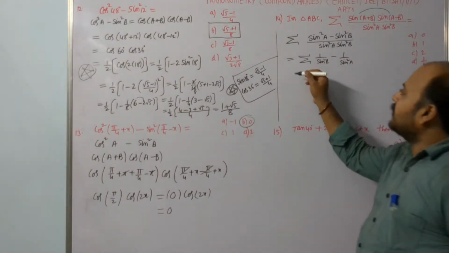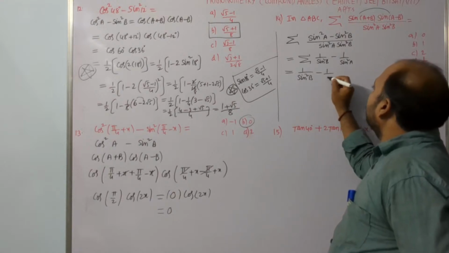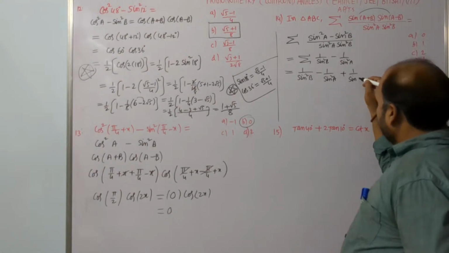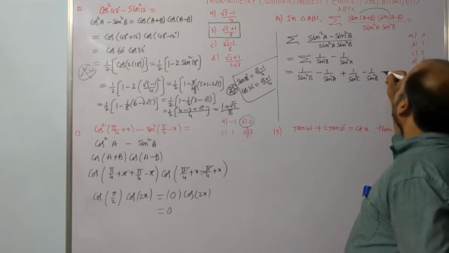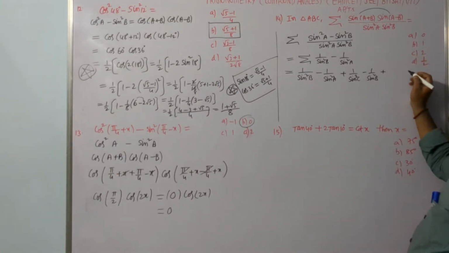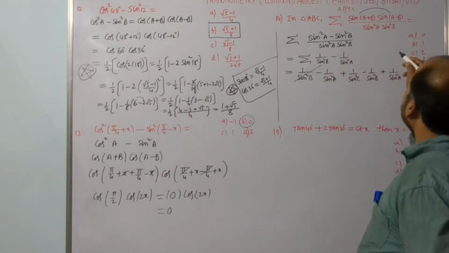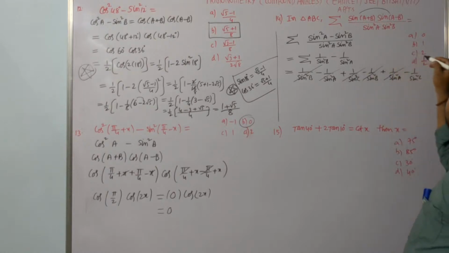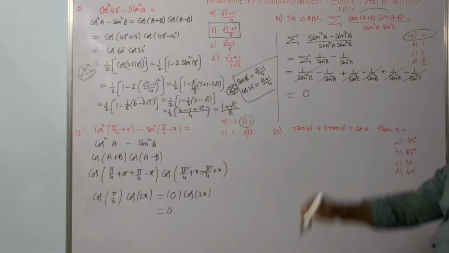If you expand, by using cyclic procedure, 1 by sin square B minus 1 by sin square A plus 1 by sin square C minus 1 by sin square B plus 1 by sin square A minus 1 by sin square C, and so on. Get cancelled, you will get answer is 0.